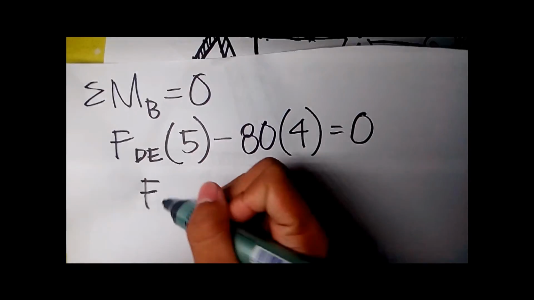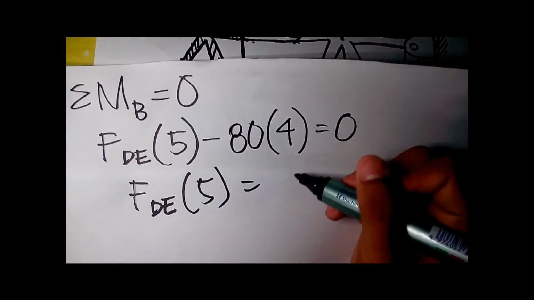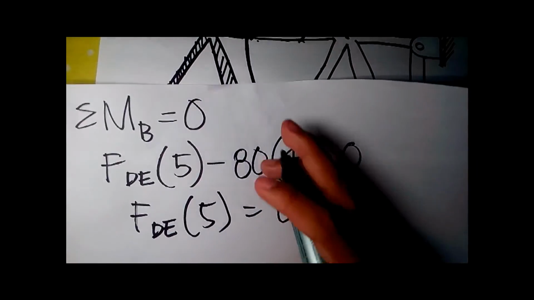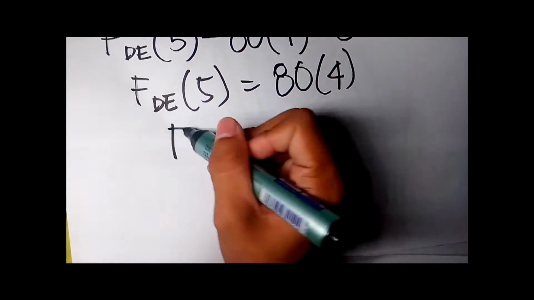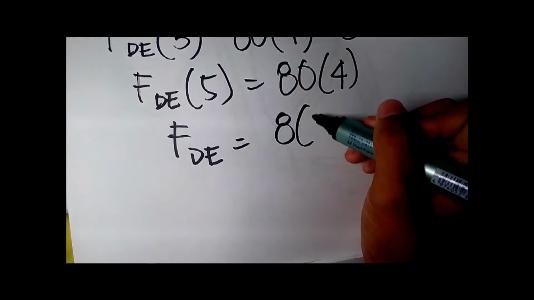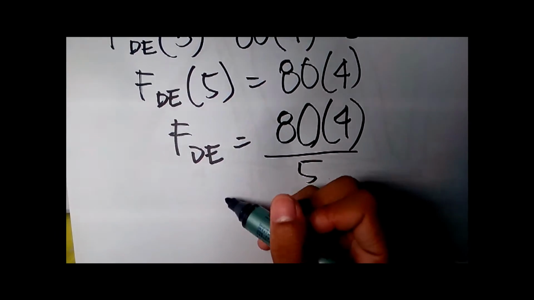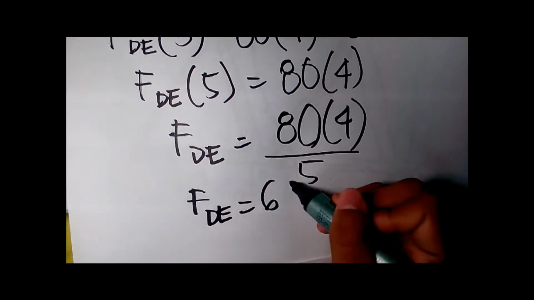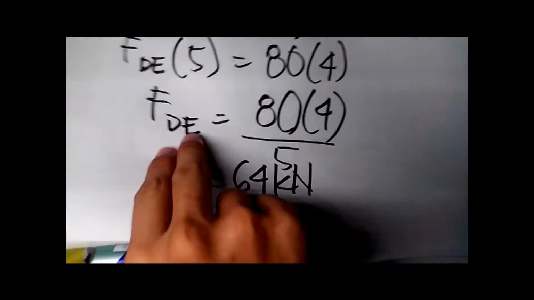So transpose. FDE is equal to 64 kilonewtons.